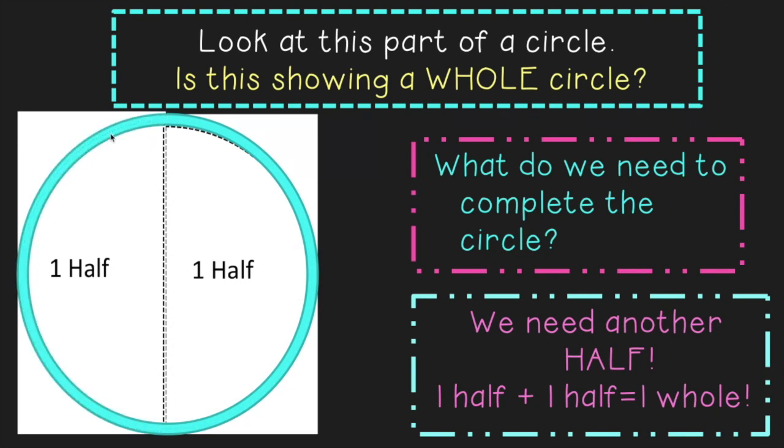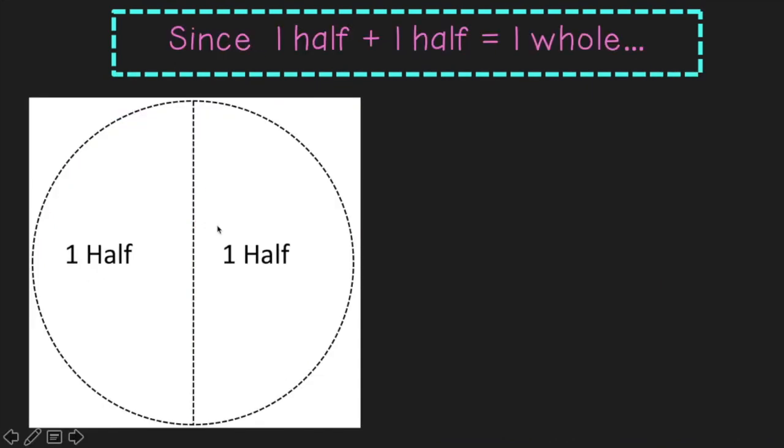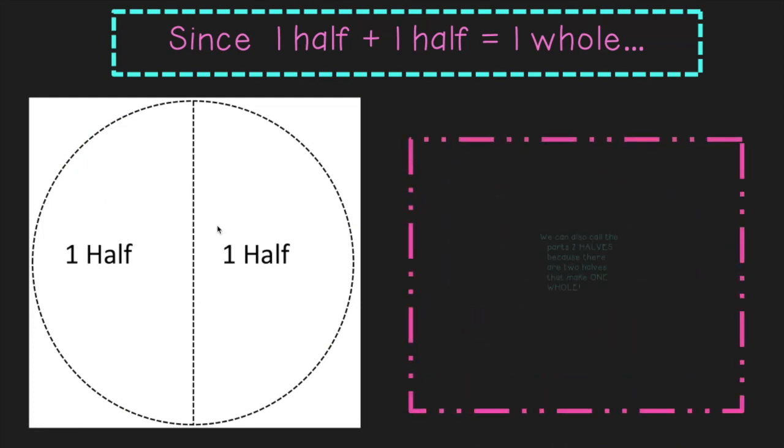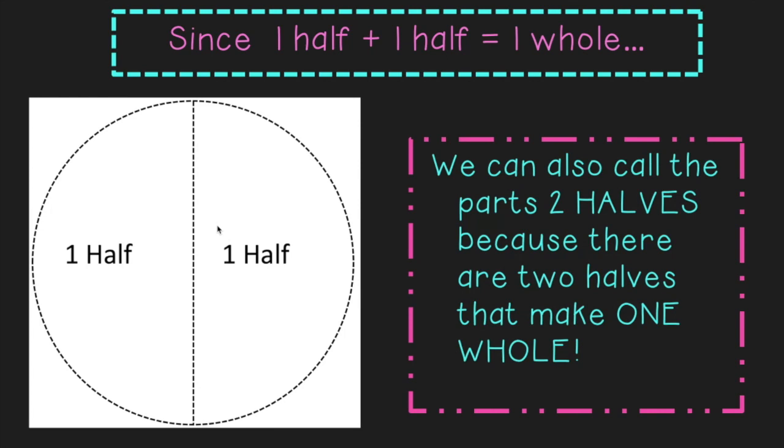So if I were to have 1 whole circle and I drew a line down the center like here, this would be 1/2 right here. This would be 1/2 right here. So since 1/2 plus 1/2 equals 1 whole, we can also call the parts 2 halves because there are 2 1/2 pieces that make 1 whole.